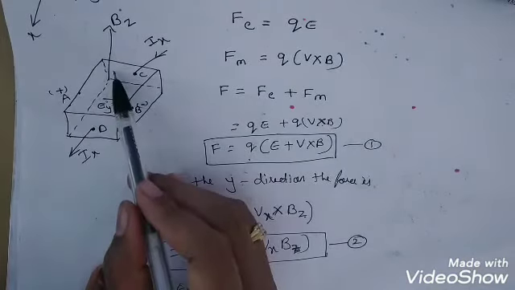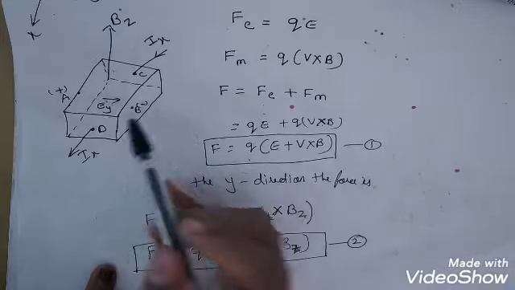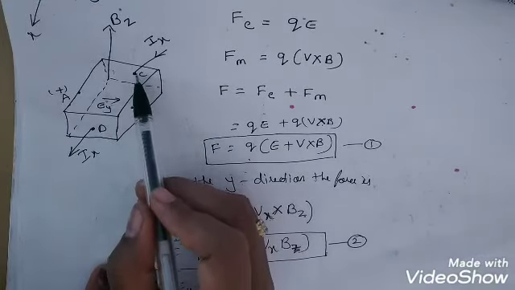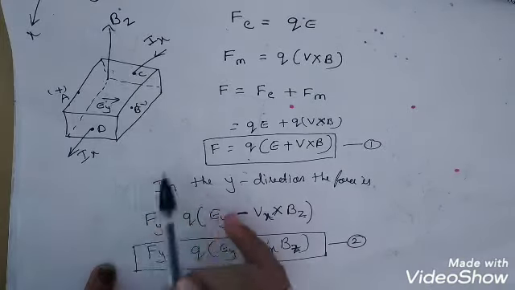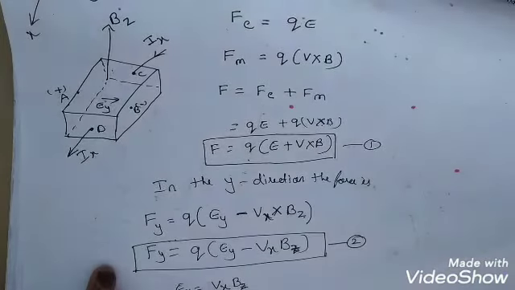Then the holes moving from C to D won't deflect at all. They will directly move from C toward D and complete their path in the outer circuit.